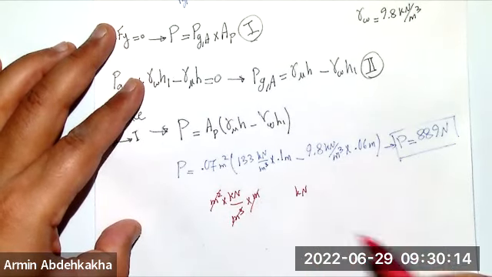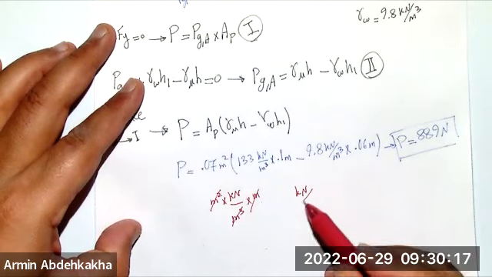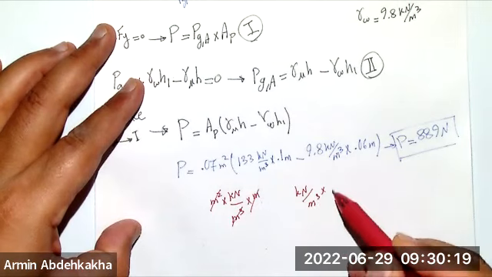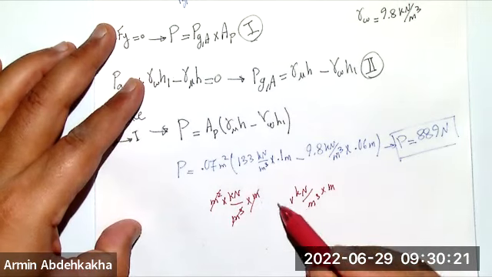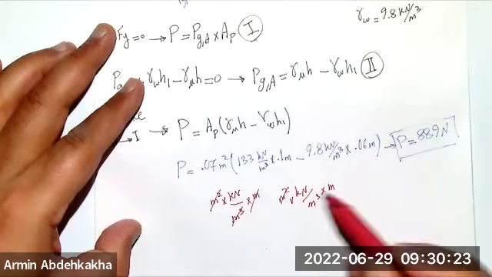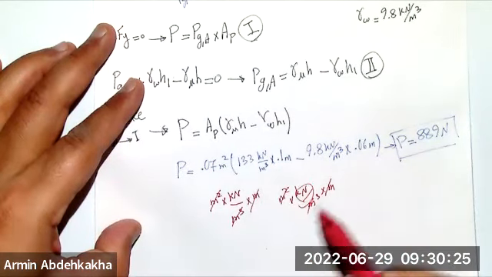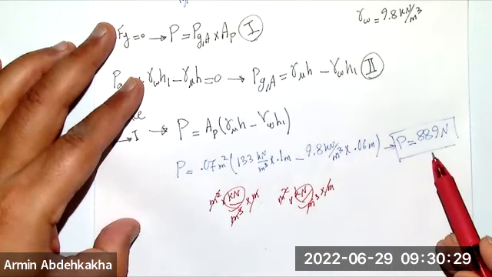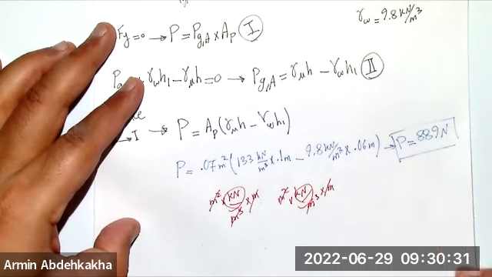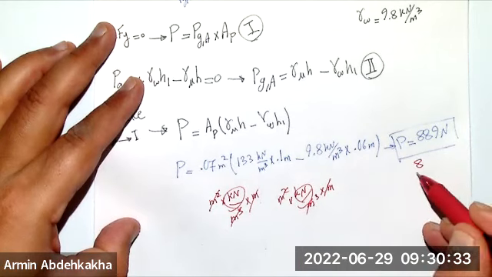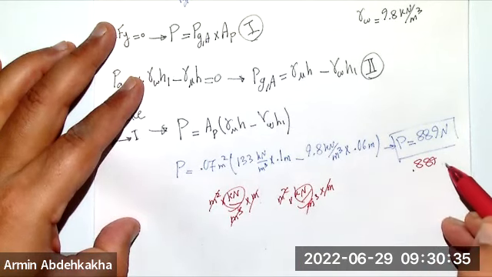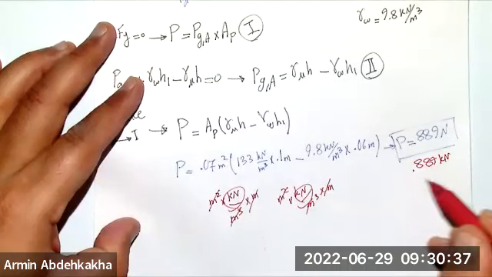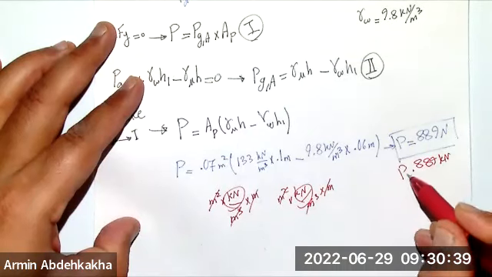So again, you have kilonewton times meter cube times meter, and also you have meter squared back there. Again, give you kilonewton, and we multiply that by thousands. Then the answer is 889 or 8.8889 kilonewton. This is also true.